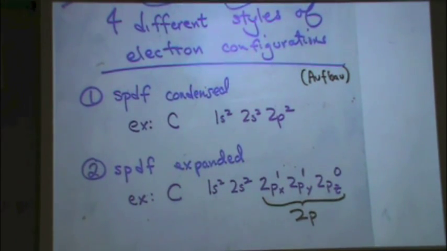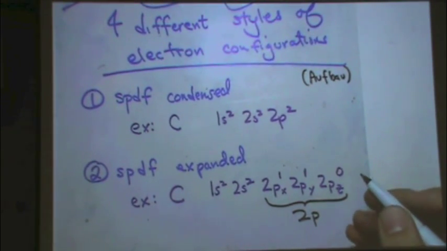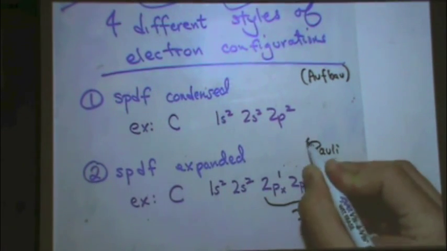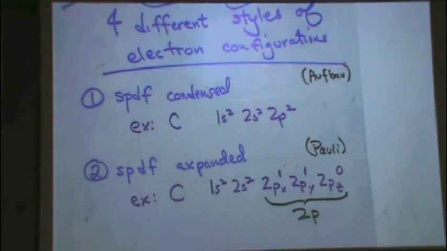I'm sure you are wondering, does that have a name? Yeah, it has a name in chemistry. That's called the Pauli exclusion principle. Pauli says that if 2 electrons need to occupy the same spot, they're not both going to be upspin. They're going to flip. So one's up and one's down.